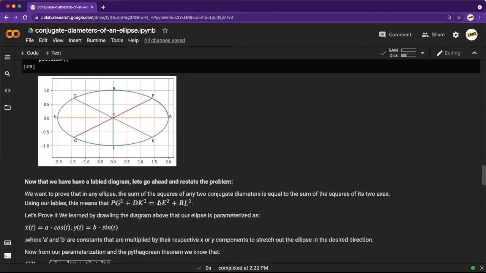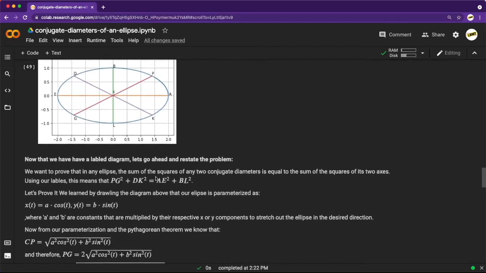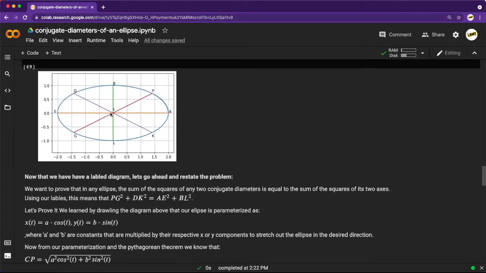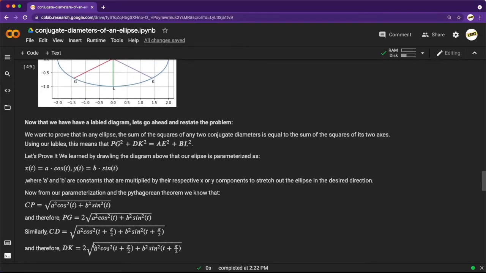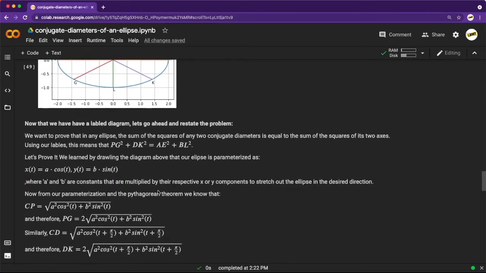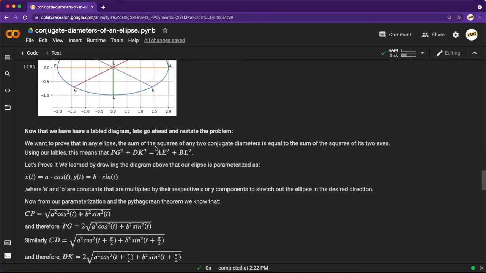Now, moving on, this is where it gets a little more tricky. We need to figure that out for this line DK. So let's start with half of DK, which is CD. What's going to be the length of CD? Well, we can use our same parameterized values here, but the value of t at this point is going to differ from point P to point D. Remember we said we were rotating those a quarter circle, so we're rotating it pi over 2.